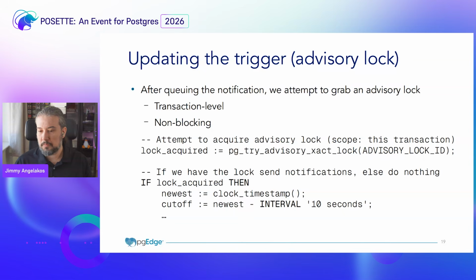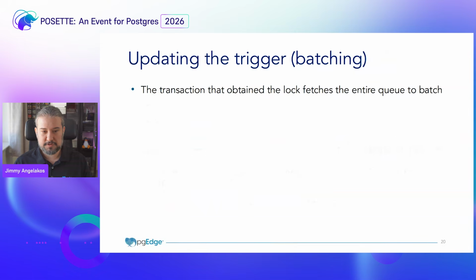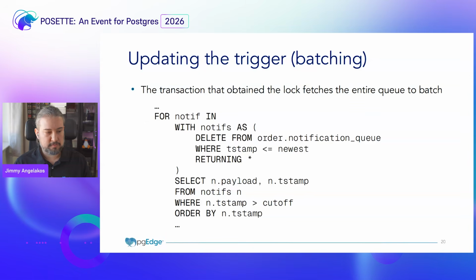So we found out the cutoff. We generally don't want to send notifications that are older than 10 seconds. Of course, there's no point. We need this to be almost real time. And so continuing on from that point in the function, we see that we're looping over the notification queue while deleting. And I love this Postgres feature.